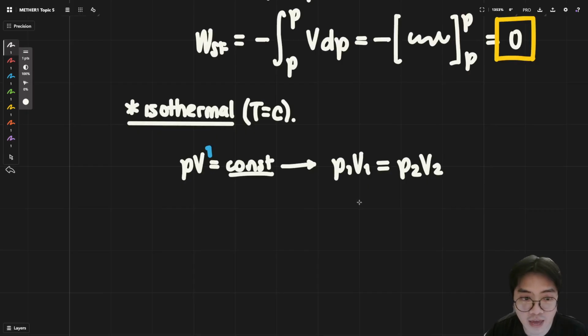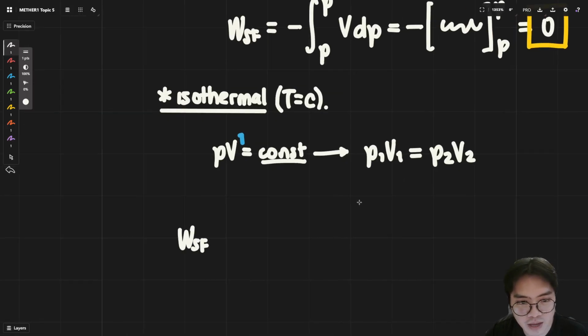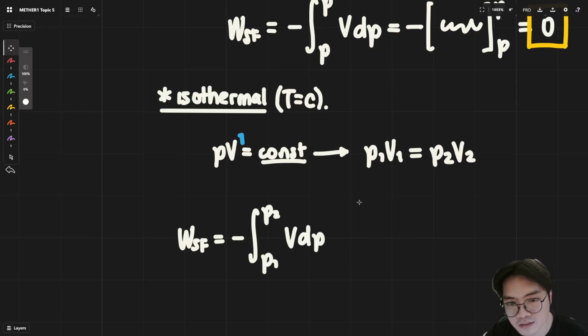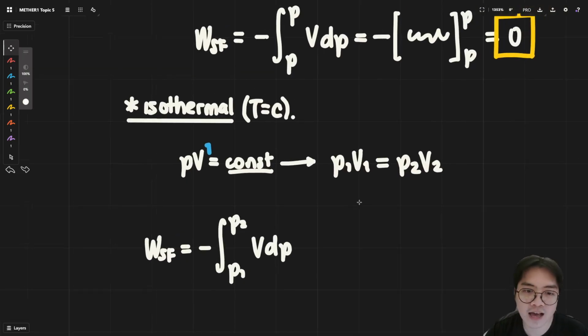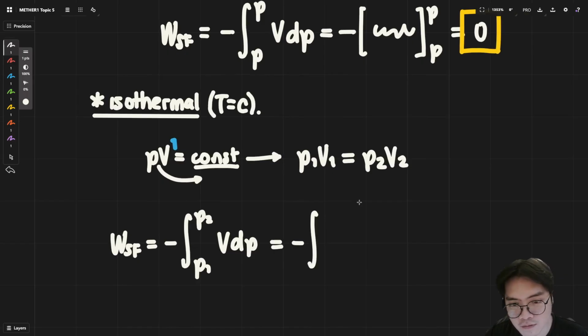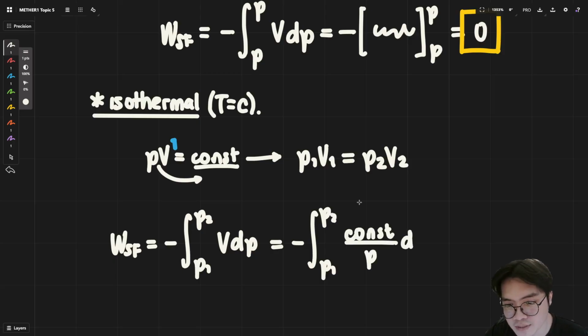What will happen then? When we write down WSF, negative integral from P1 to P2 of VdP, we now need V as a function of P. What you can do is just divide by P on both sides. You will get negative integral from P1 to P2 of constant over P times dP.